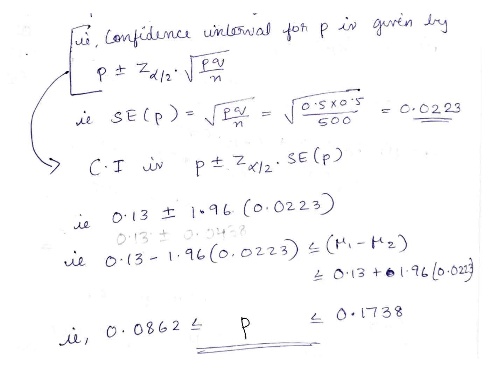So we have to substitute all these values in the confidence interval calculation. 0.13 plus or minus 1.96 into 0.0223, and we obtain the final result as 0.0862 less than or equal to P less than or equal to 0.1738. So this is the corresponding confidence interval. So this is all about this question.